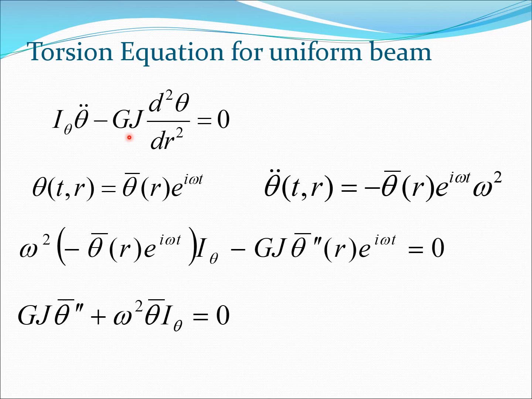I theta and GJ are both constants, and therefore I can assume the solution of the form some function of r and then the harmonic motion, which is a complex sinusoid. So I can get the theta double dot, and that gives me the typical harmonic motion. I substitute theta and theta double dot into the differential equation, so I get this equation here. And then I remove the term involving the exponential, which essentially cannot be 0. So this particular function should be 0. Okay.